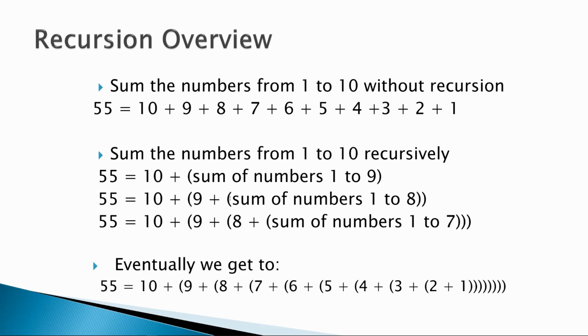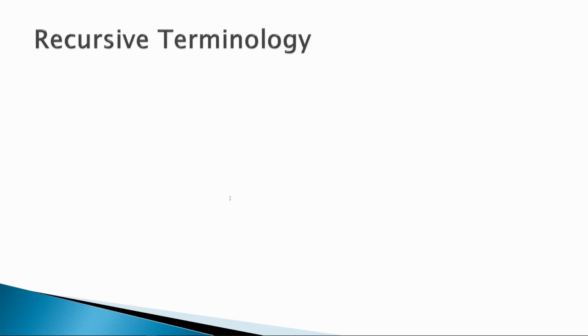Working through the logic, finally we get back to almost the same layout as above, 10 plus 9 plus 8 plus 7 plus 6, but it's easier just to declare it and say it's 10 plus the sum of numbers 1 to 9. Now, imagine if you were trying to do these sums for bigger numbers in the thousands. This would take you a whole lot of time, but doing it recursively allows you to accommodate multiple depths. So let's take a look at some of the terminology around recursion.